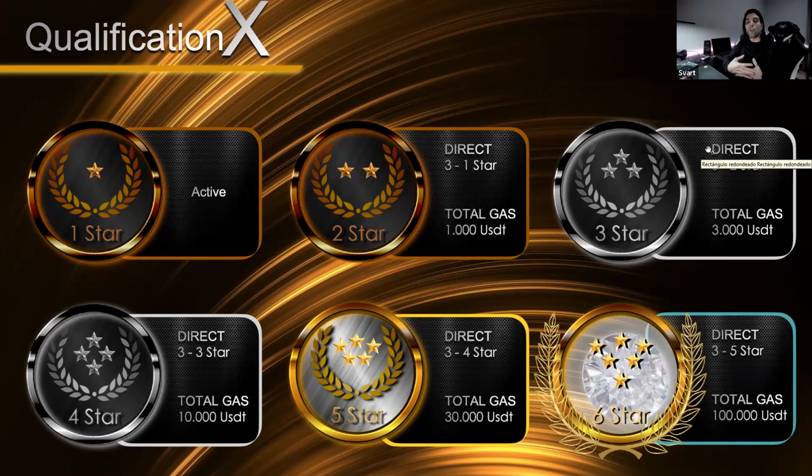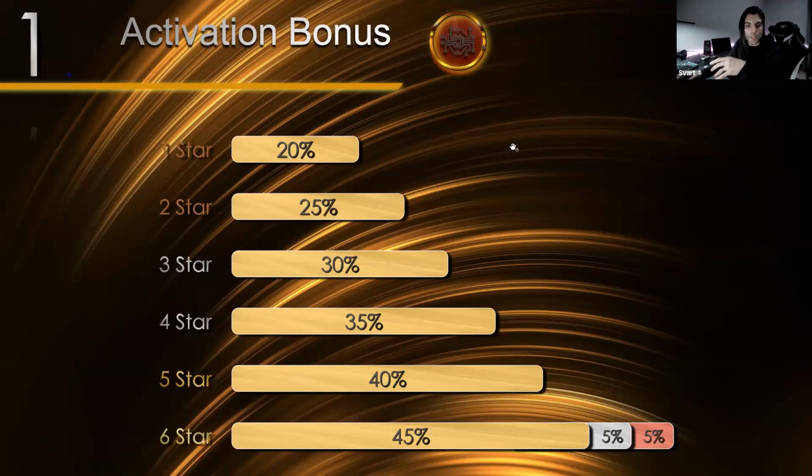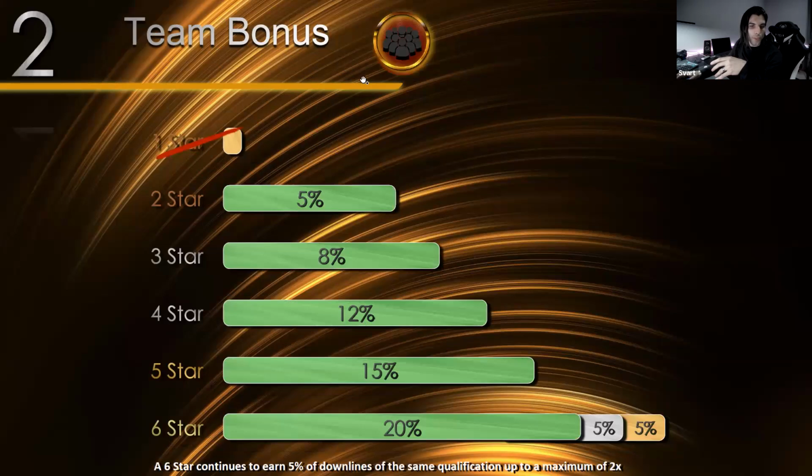For example, for becoming a 3-star, we need 3 direct people that reach the 2-star rank. To achieve the 4-star rank, we will need 3 different people that reach the 3-star rank. And the ranks, as we saw, give you different percentages on all the different bonuses that we have on the referral system.